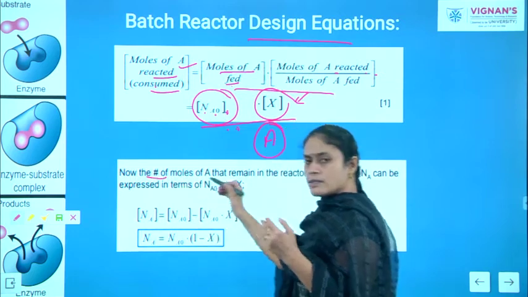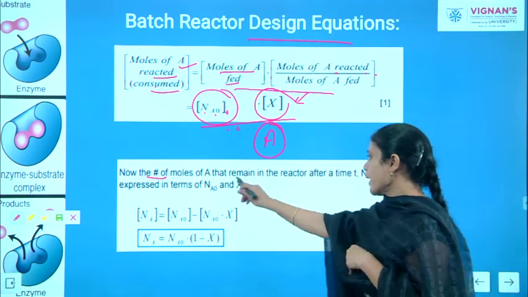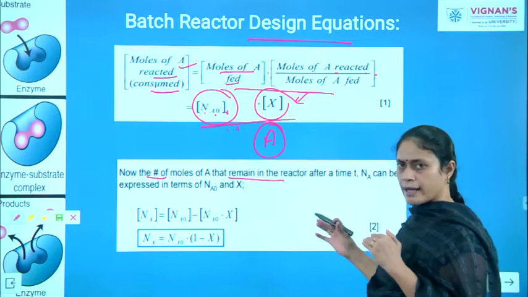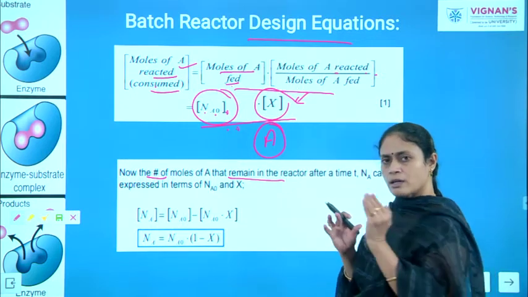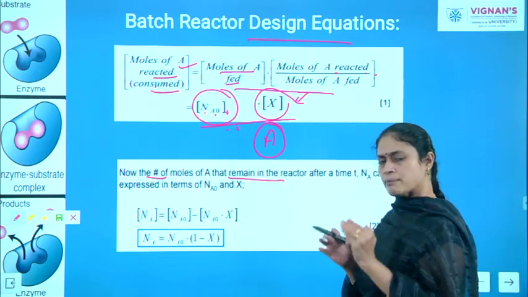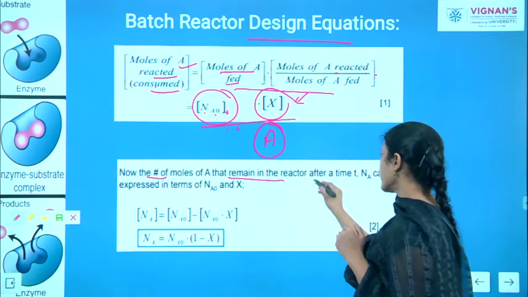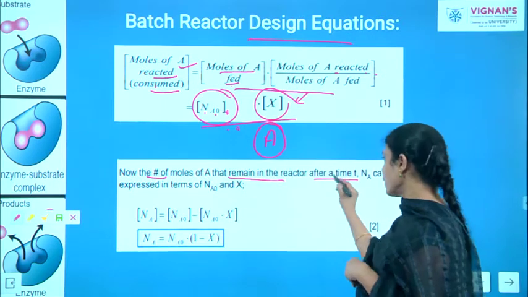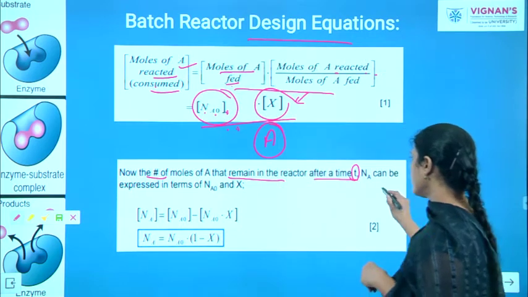Now, some moles of your A have been converted and some have remained in your reactor after a certain time period, which you are representing as T.